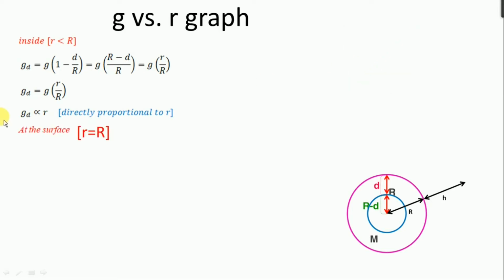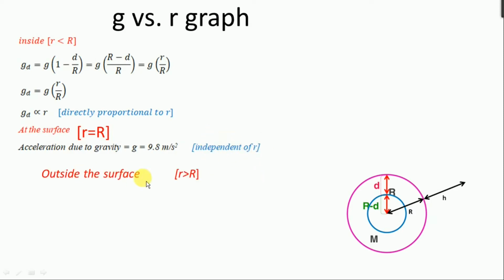Next, at the surface of the earth we know the acceleration due to gravity is constant and the value is 9.8 meter per second square, and it does not depend on the distance. Outside the surface of the earth, when small r, the distance, is greater than the radius of the earth, that means we are outside the surface of the earth.